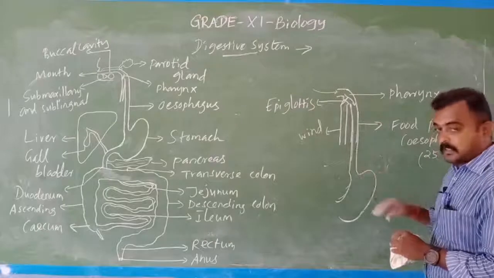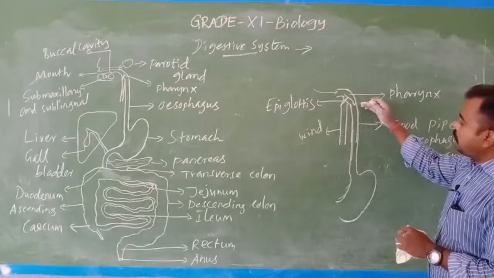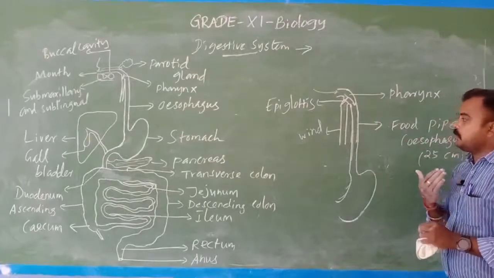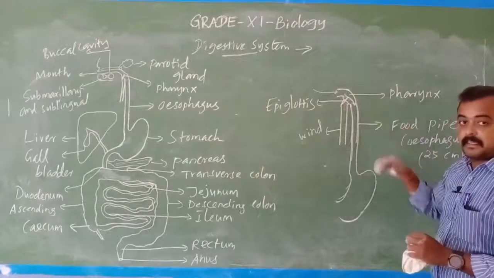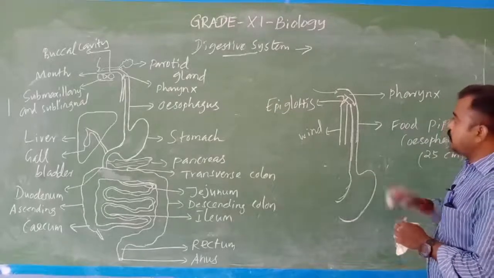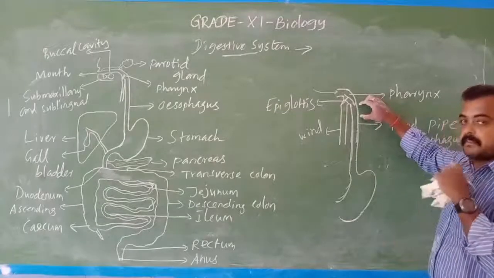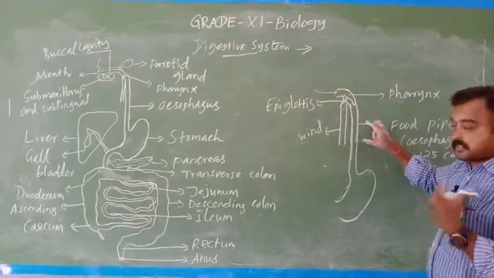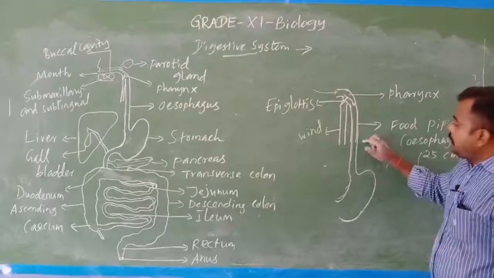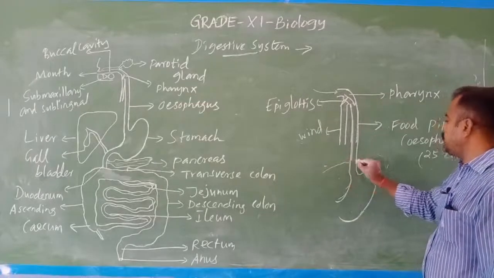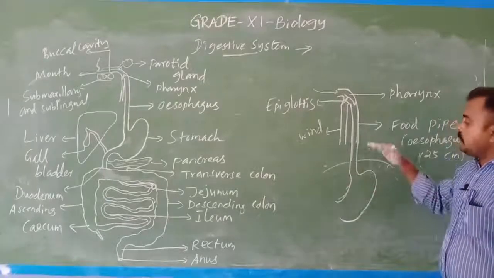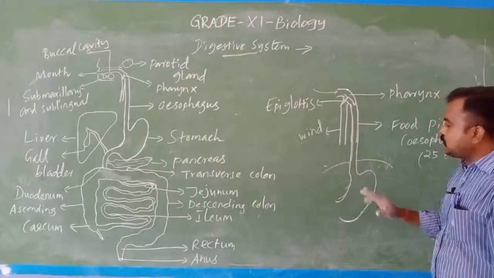It is connected with the stomach. It passes through the neck, chest region and diaphragm. So in the neck region we have esophagus, in the chest region also we have esophagus, after that the diaphragm, which is just below the lungs. After that it is connected to the stomach.